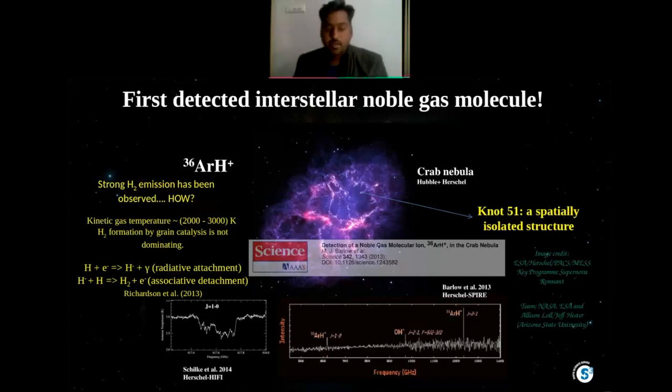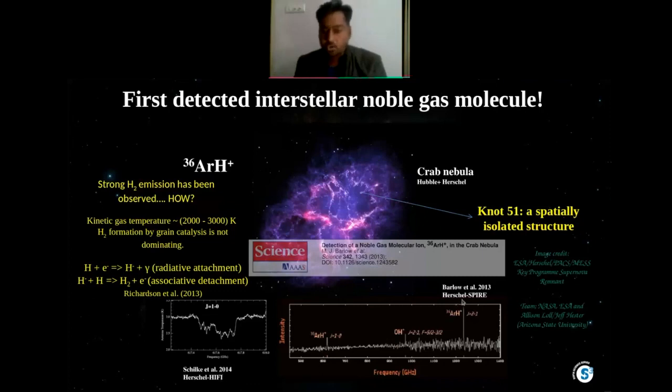Later, this argonium ion was detected by Schilke et al. 2014 toward continuum sources like Sagittarius B2, W31, and W51 by the Herschel HIFI instrument.